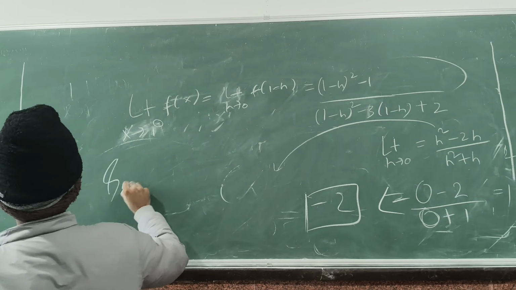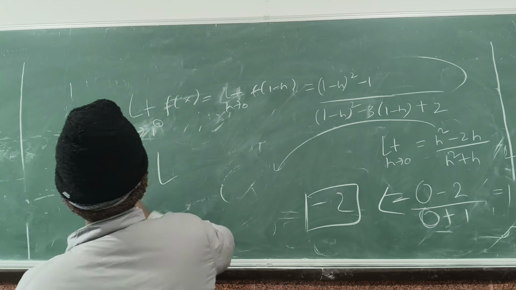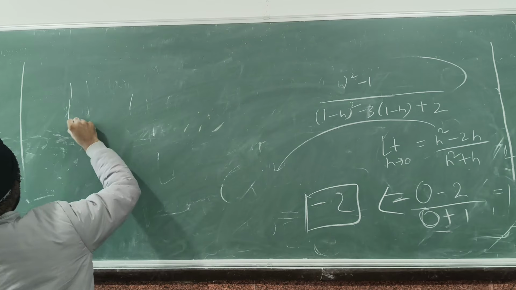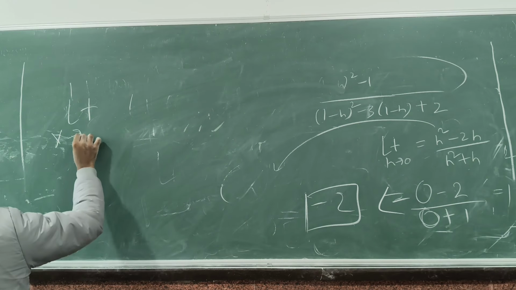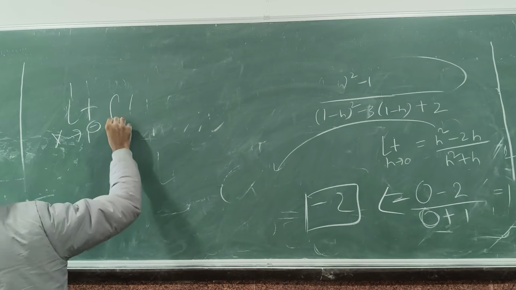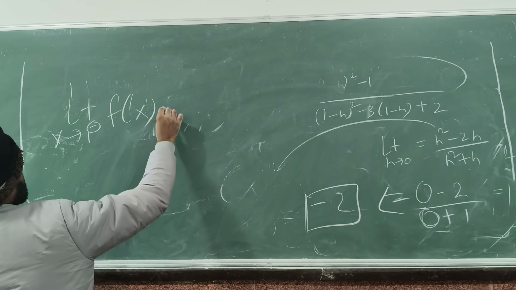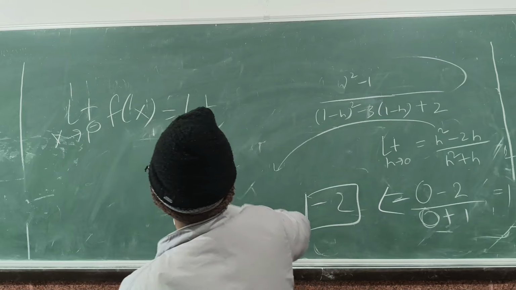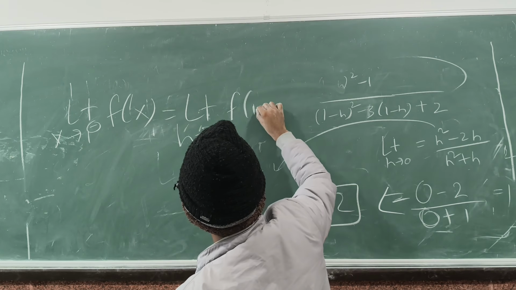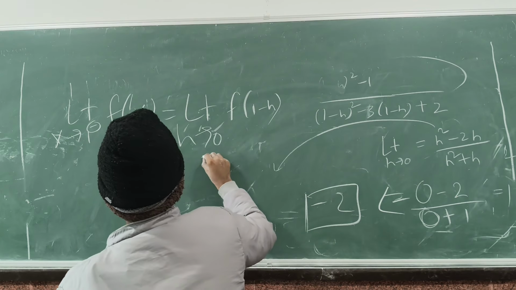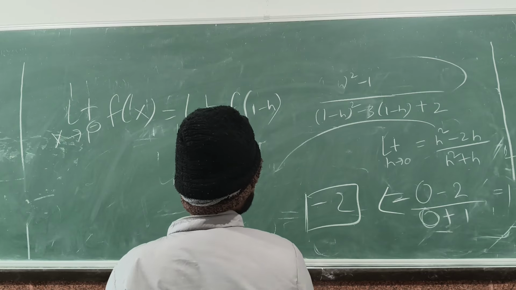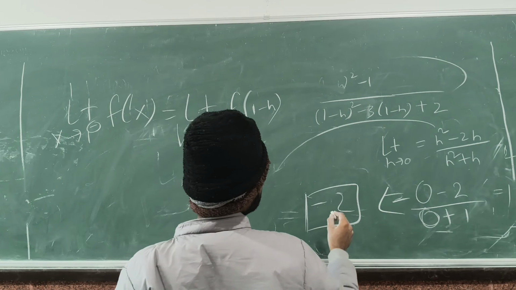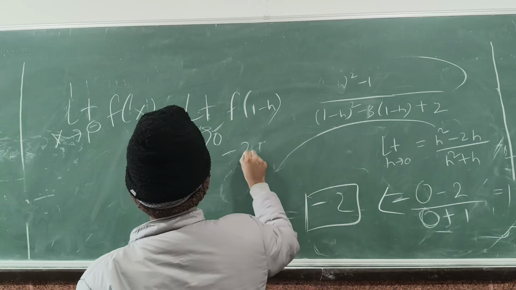So we got limit x tending to 1 minus f of x equals limit h tending to 0 f of 1 minus h equals minus 2. Okay.